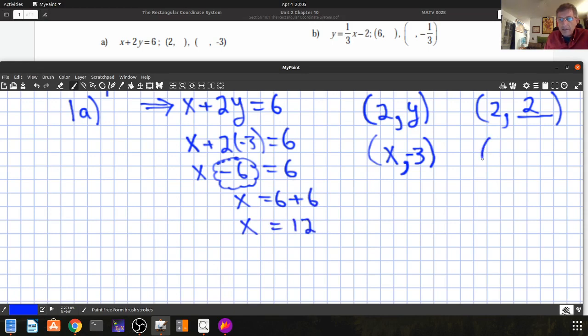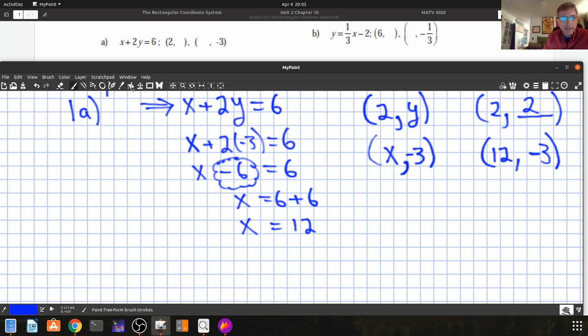So I found another ordered pair solution to equation 1, and it's 12, minus 3. You might be curious and asking yourself, how many ordered pair solutions are there? Literally, there is an infinite number of them.